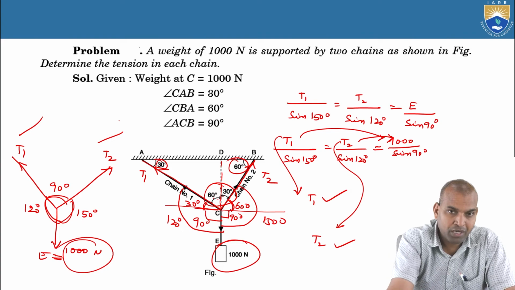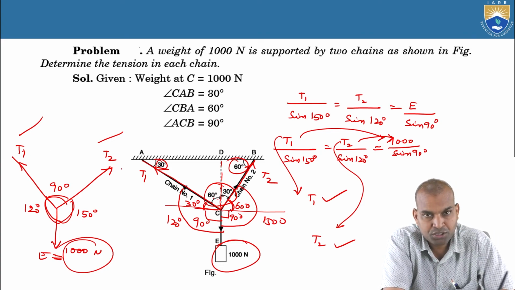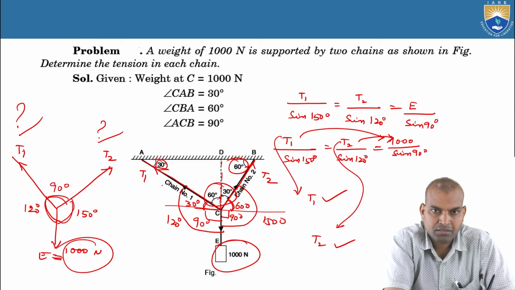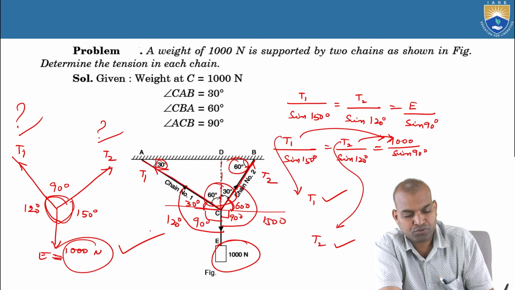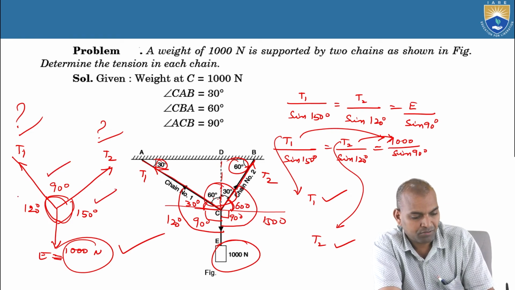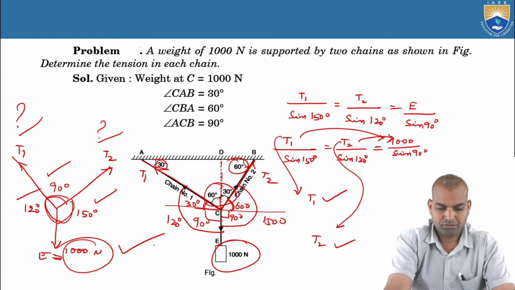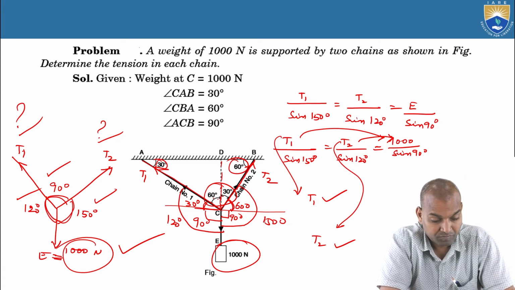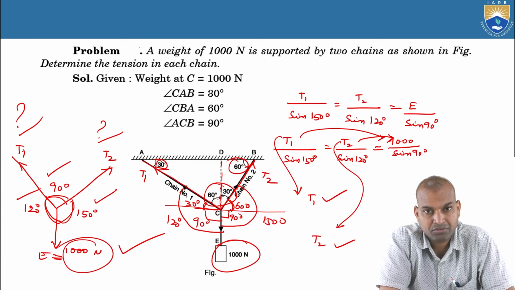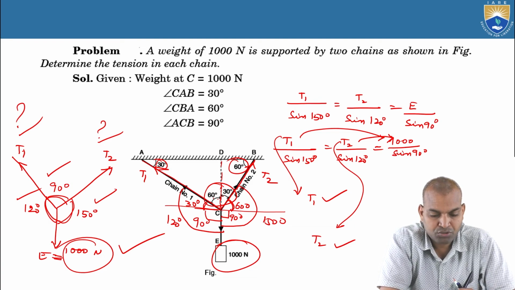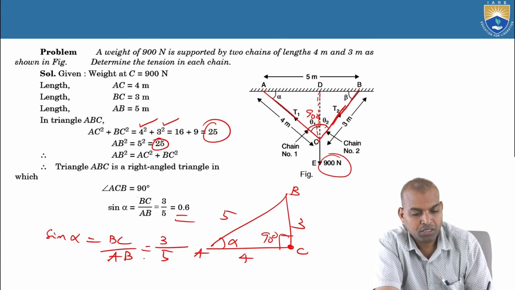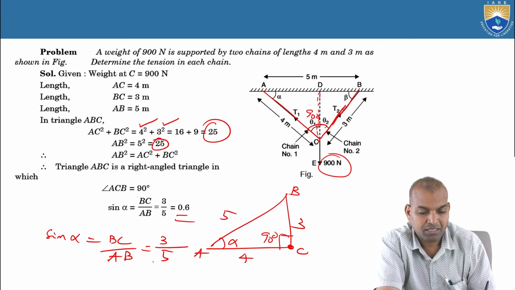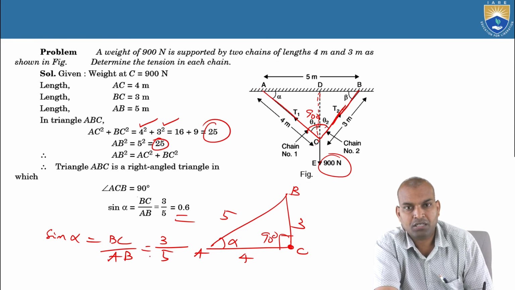Here in model 1, T1 and T2 are to be calculated, and the known value is the force at E, and the angles are known. So we can easily find the unknown tensions T1 and T2. That's what we did in those two models, problem 1 and problem 2: we applied Lami's theorem and calculated the tensions T1 and T2.